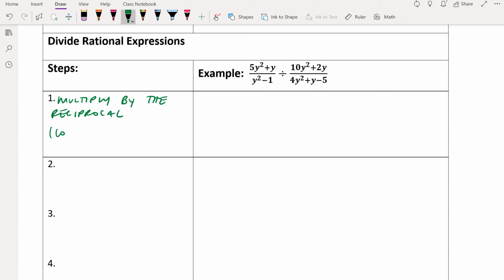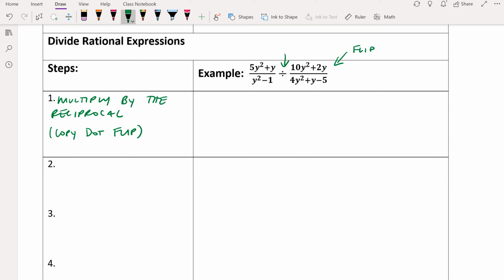So in parentheses, I'll put copy dot flip because that might be a good way for you to remember it, and I'll explain what I mean. Okay, multiply by the reciprocal means you just turn it into multiplication. So we're going to turn this sign into multiplication, but we're going to flip this fraction.